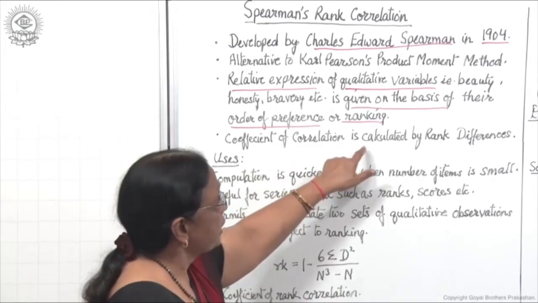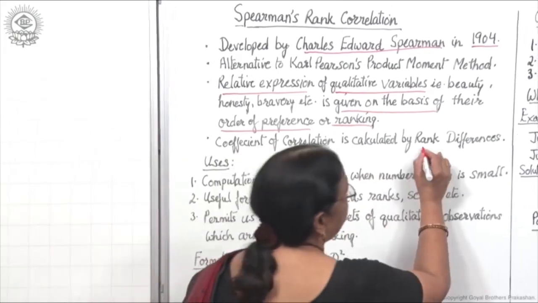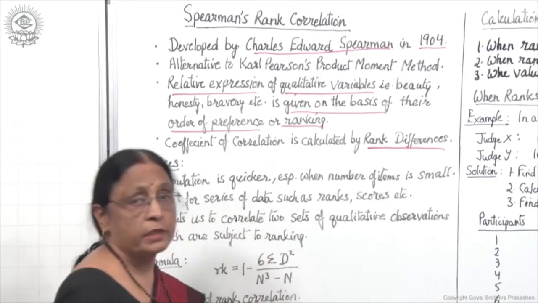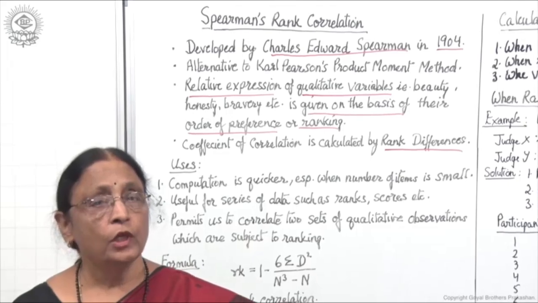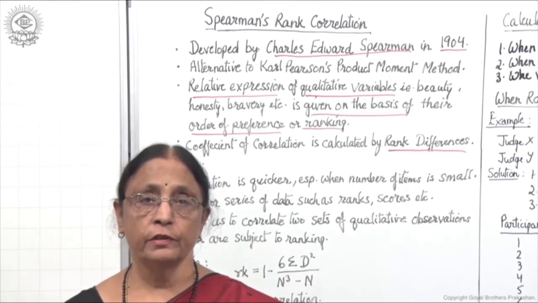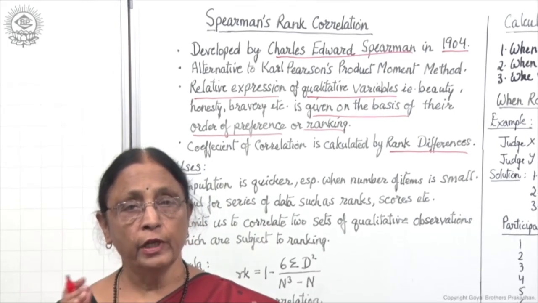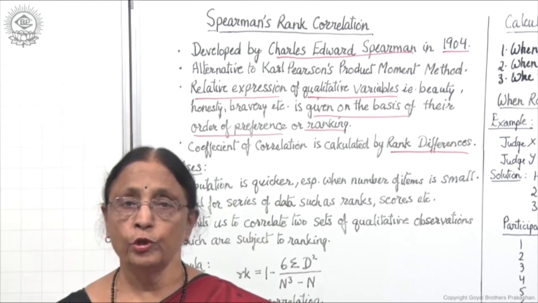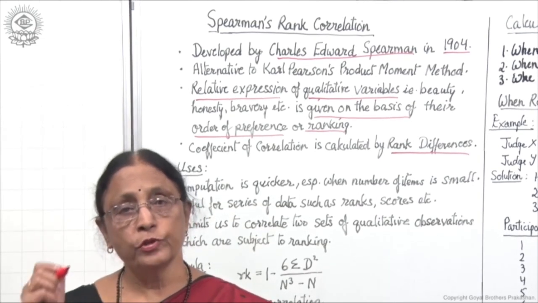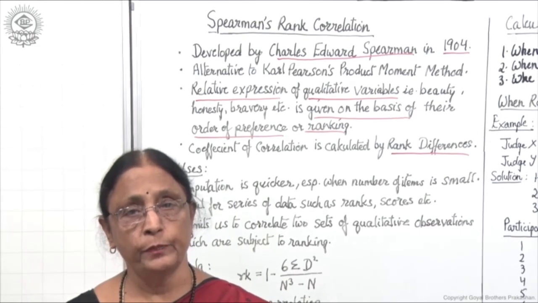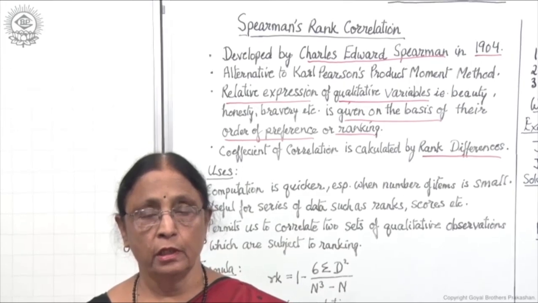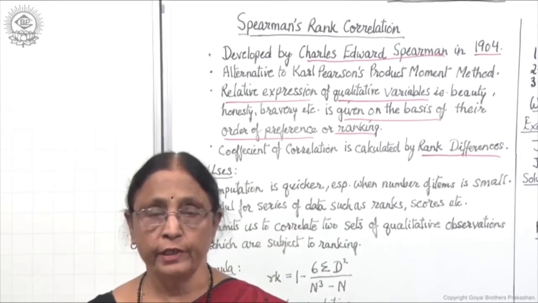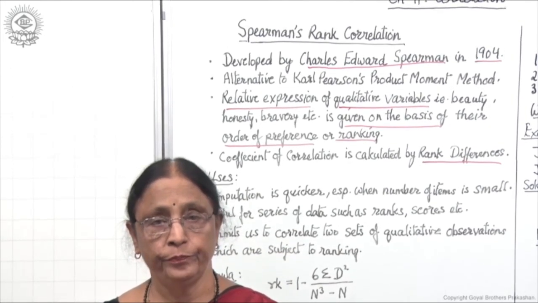Coefficient of correlation is calculated by rank differences. In this type of correlation, the coefficient of correlation is calculated on the basis of rank differences. What do you mean by this? Suppose ranks are given to 5 participants and these ranks are given by 2 judges. Obviously the ranks will be different. It may not be the same.